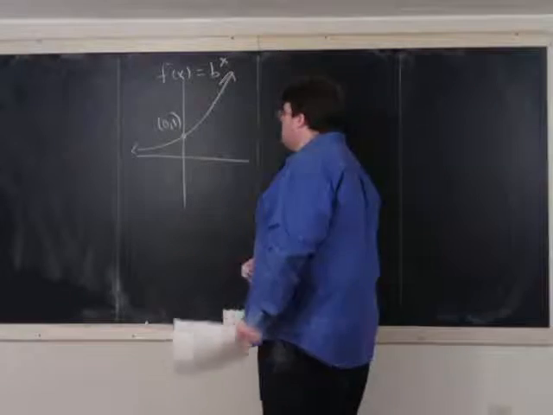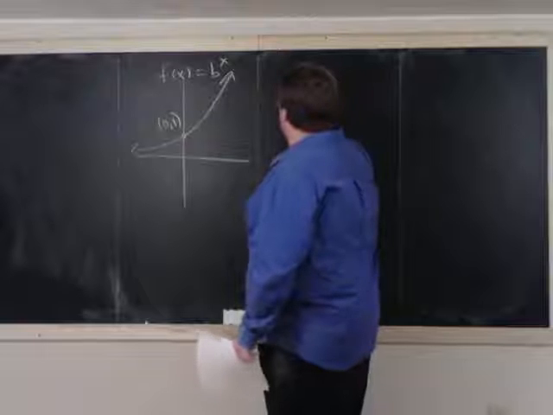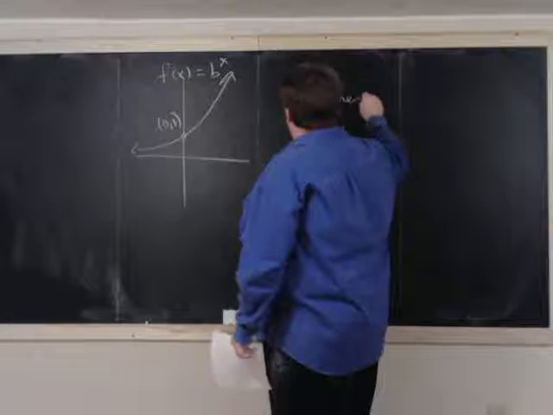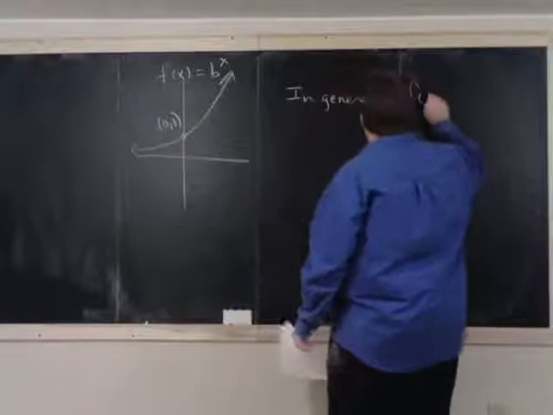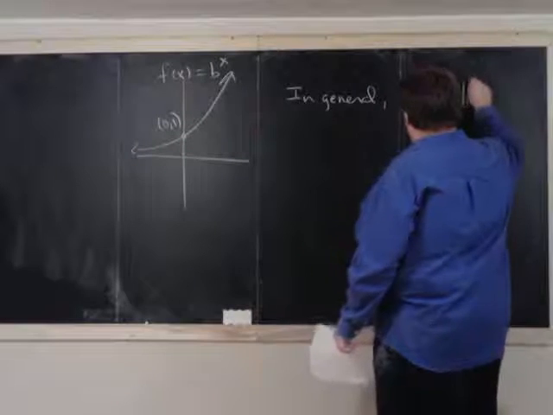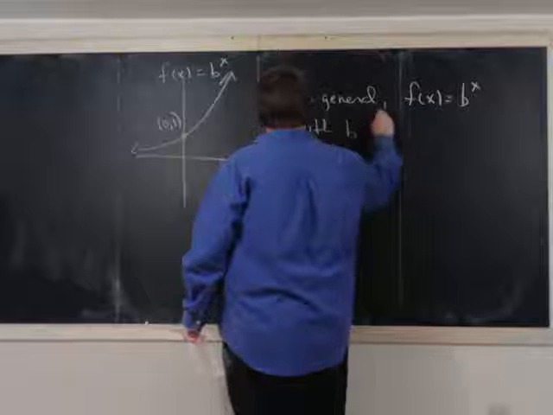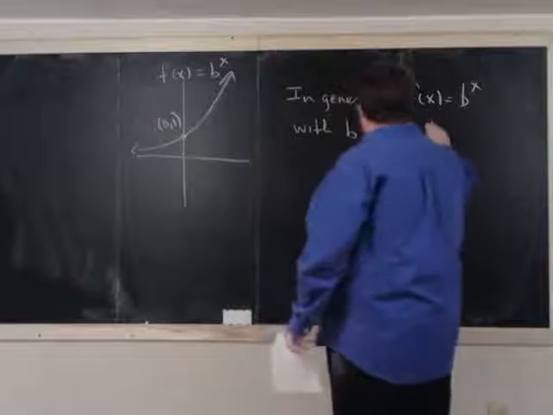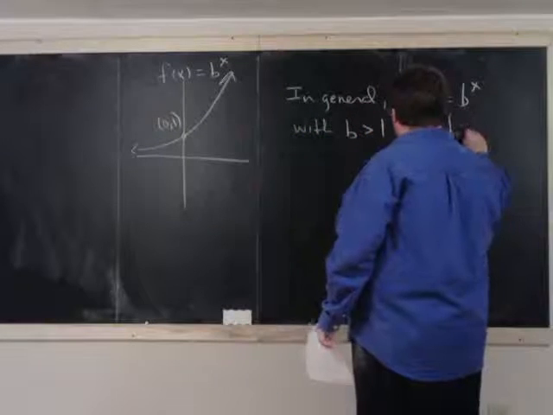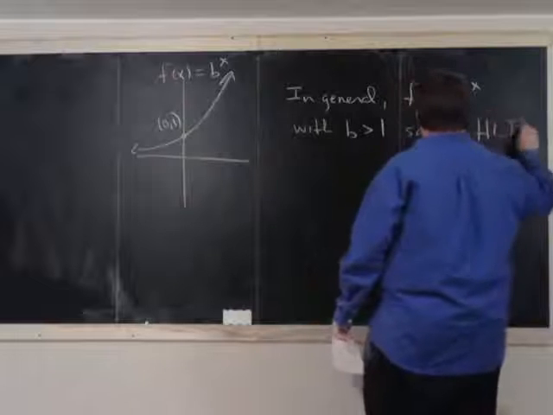So let's write that down. In general, f of x equals b to the x with b greater than 1 satisfies the horizontal line test.